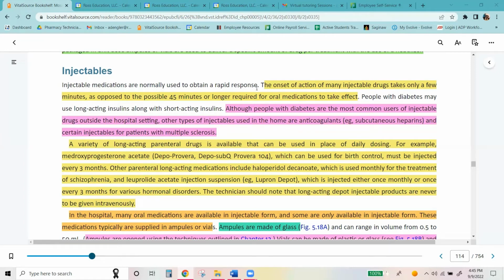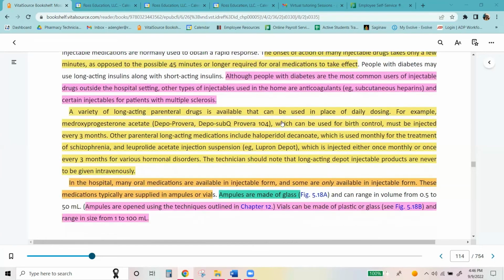Other parenteral long-acting medications include haloperidol decanoate, which is used monthly for the treatment of schizophrenia, and leuprolide acetate injectable suspension, which is the generic for Lupron Depot, which is injected either once monthly or once every 3 months for various hormonal disorders. The technician should note that long-acting depot injectable products are never to be given intravenously.